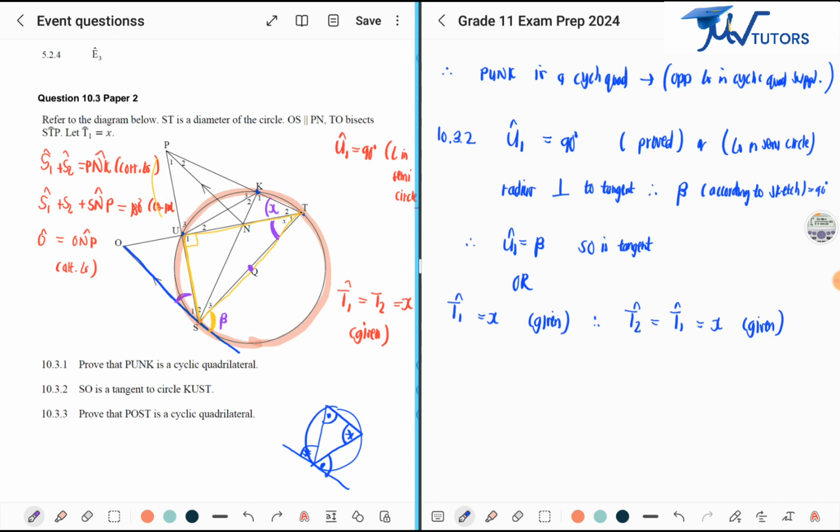What can we see? So I know I've called US. So if T1 is X, K2 can also be X. I just want to see where this is going to lead. Okay. K2 is equal to X. Angles in the same segment.